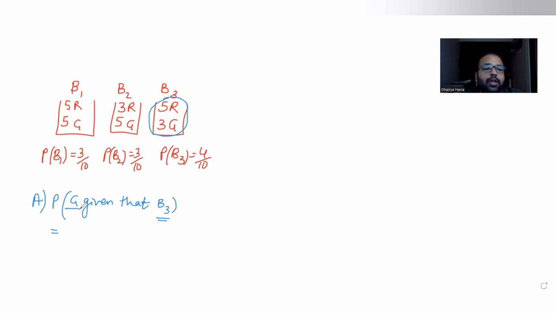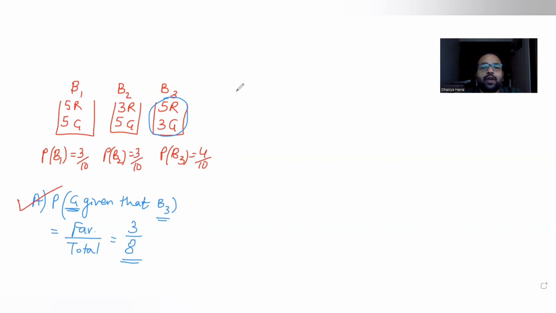So if I want a green ball after choosing this bag B3, I should have my favorable outcomes upon total possible outcomes, favorable outcomes being those 3 green balls out of total balls in the bag B3, that is 8. So the probability becomes 3 by 8, and that was already given to us in this option also. So the first option equals 3 by 8. We are also getting it as the same. So the first option for this question is correct.